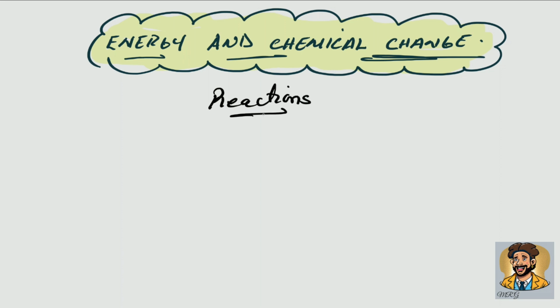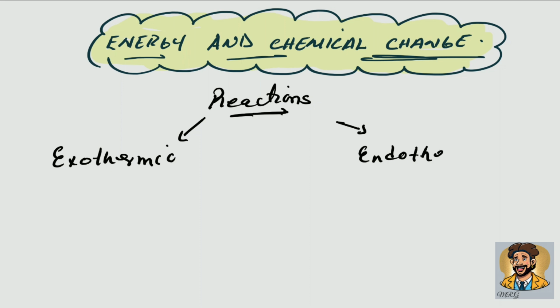All chemical reactions can be divided in two main groups according to the change in energy during the reaction. Those are exothermic reaction and endothermic reaction.